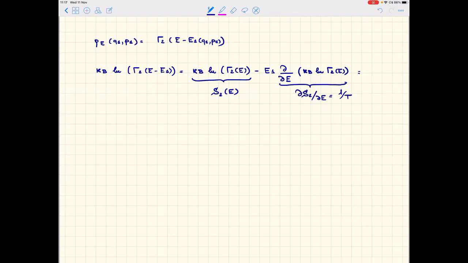And therefore, what I discover at the end of this calculation is that the expansion of this is S2 of E minus E1, which is a function of Q1 and P1, divided by T. Here we encounter the fact that sometimes I put K Boltzmann, sometimes I don't put K Boltzmann, and therefore everything is extremely confusing.